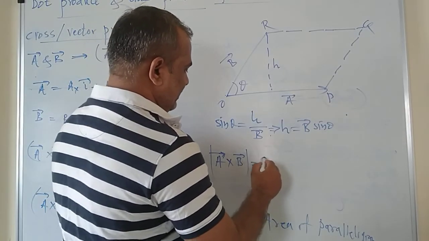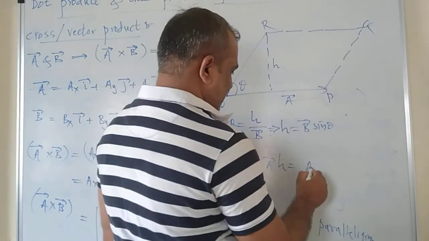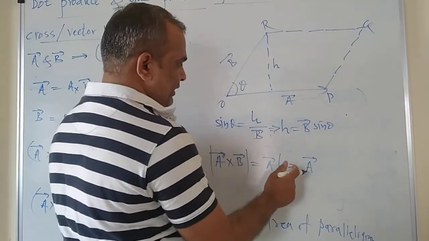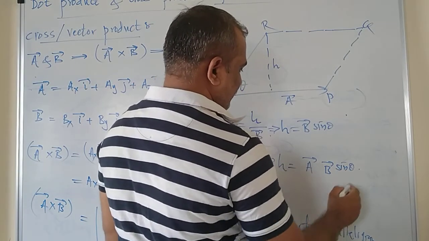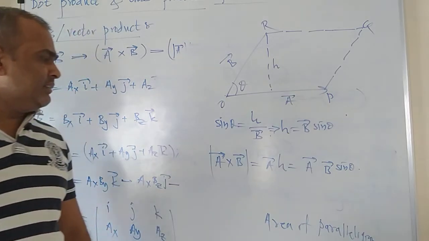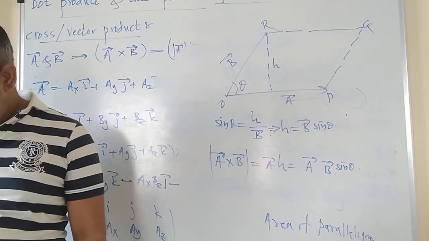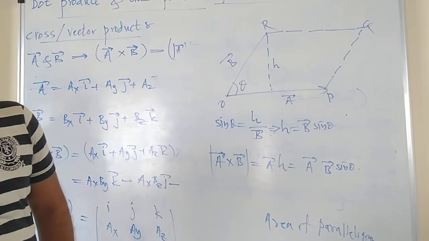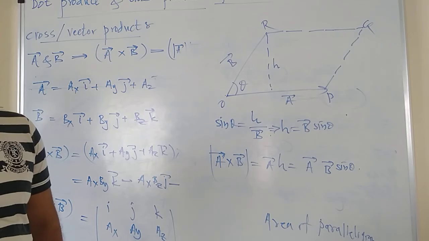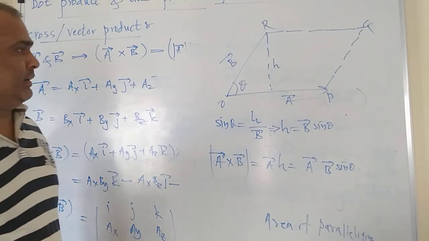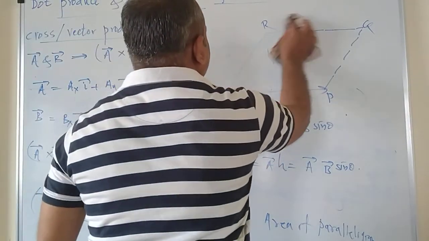What is base? Base is a bar. What is h? I can put the value of h from here. So you will get a bar b bar sine theta. And therefore I can say the cross product of two vectors will give you the area of the parallelogram of the vectors.